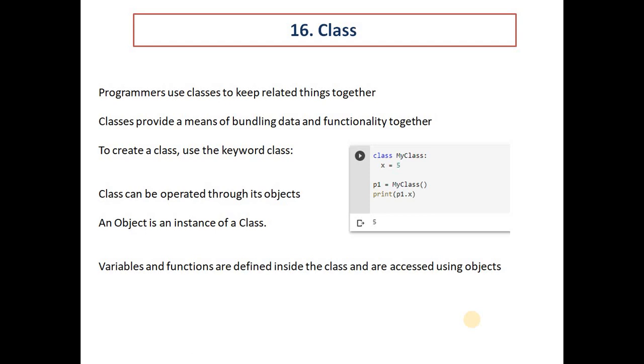We use the object to access the variables and functions defined in the class. Just telling, an object is an instance of a class which we use to access the functions or even the data defined inside the class. We will just move on to the lab session, where you will get an idea of what an object is. So a class is a capacity to keep similar functionality and its data together. Let us move on to our lab session.